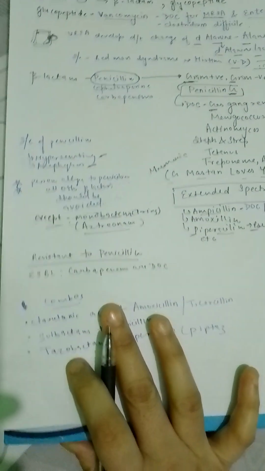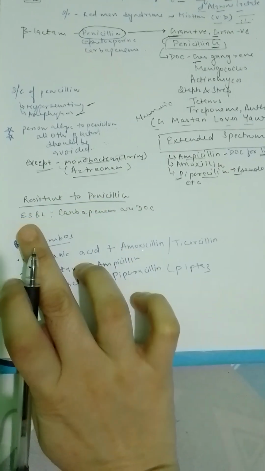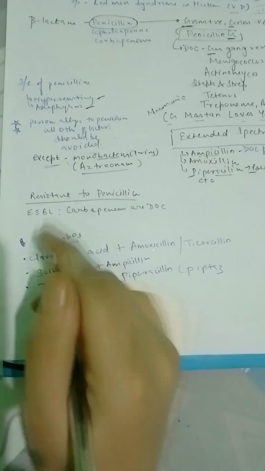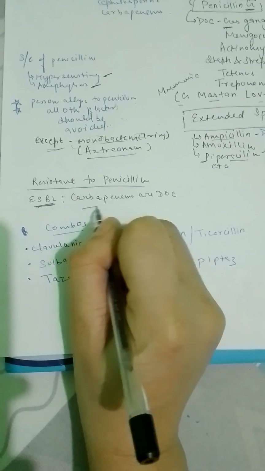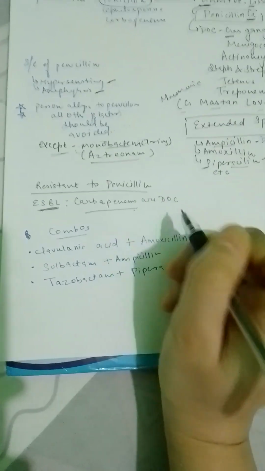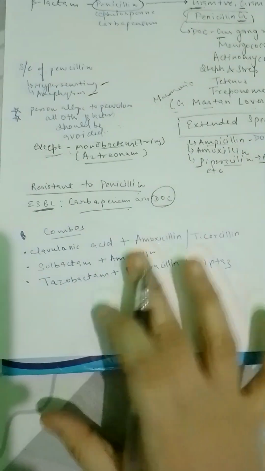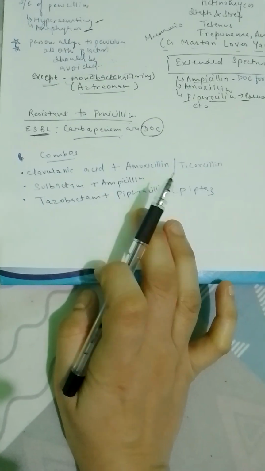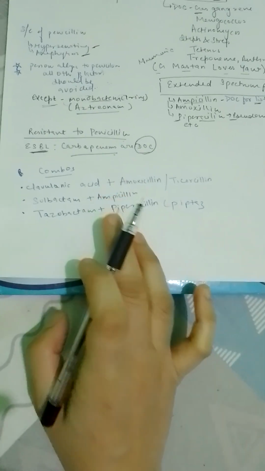Another one is resistance to penicillin. If there is resistance to penicillin, we use extended spectrum beta lactamase inhibitors, and this group consists of the carbapenems, which are basically the drug of choice in penicillin resistant pathogens. In clinical practice, some combinations of penicillin or beta lactams are used.